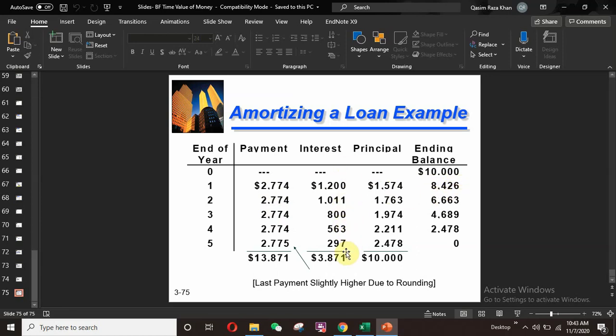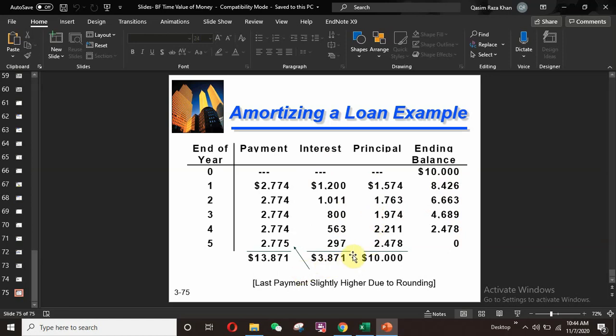So over the time period your interest payments are decreasing and your principal payments are increasing. The reason is that the ending value of your principal is decreasing, so the interest charged on it decreases.